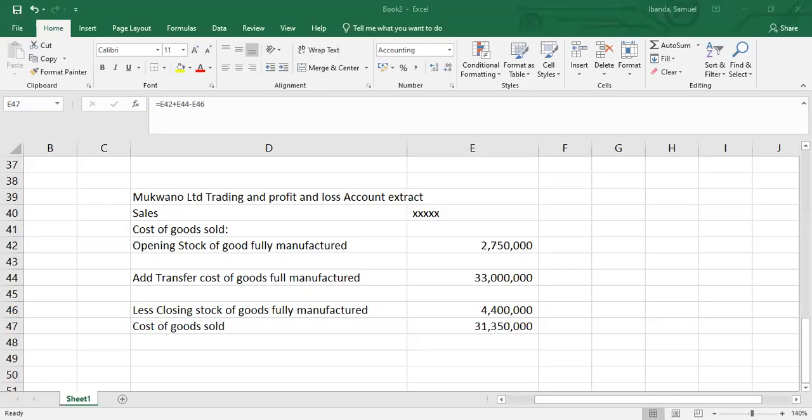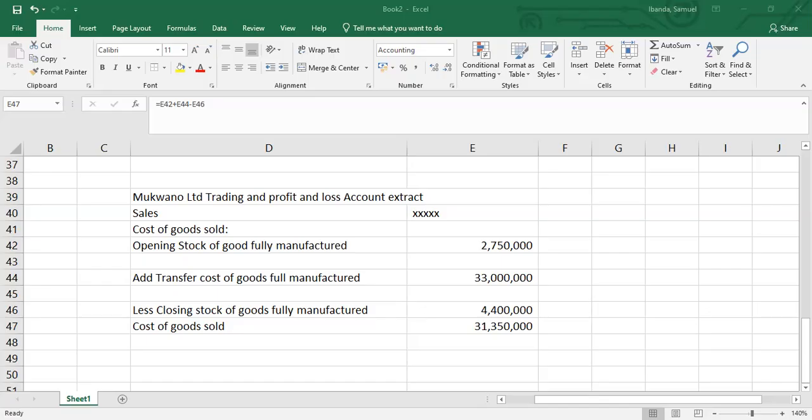As you've seen, we've been able to get the 2.75, add the 33 million, and less the 4 million to get 31,350,000, okay?